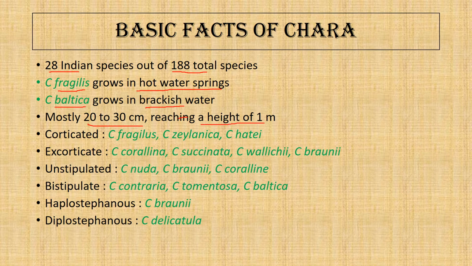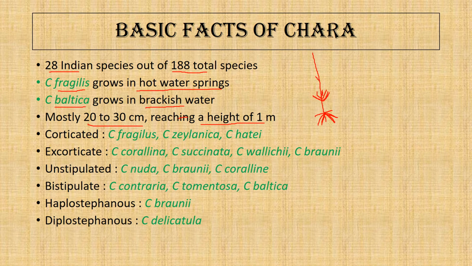1 meter. Now, Chara looks like an angiospermic plant when not viewed microscopically, but just looked at from the outside, where the body is divided into shoot-like and root-like structures.